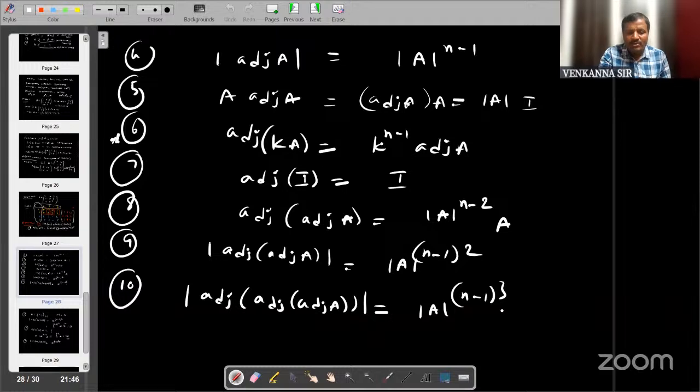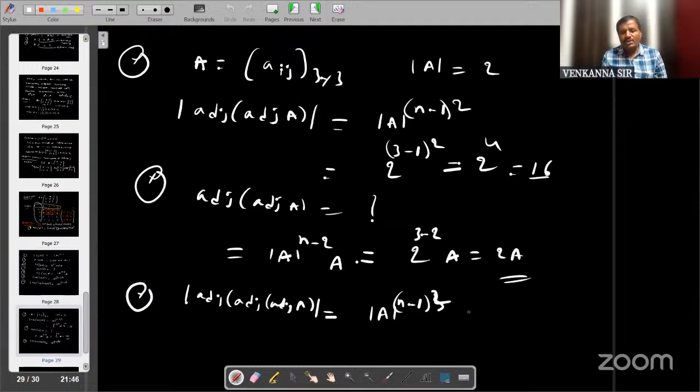What is the determinant value here? 2. 2 power 3 minus 1 whole cube. What is the result of this one? 2 power 2 cube, 2 power 8 is the answer.